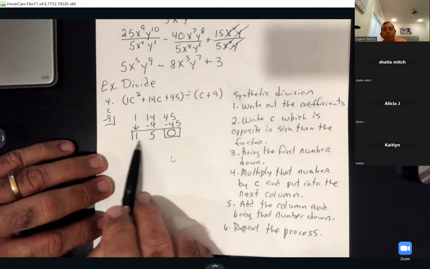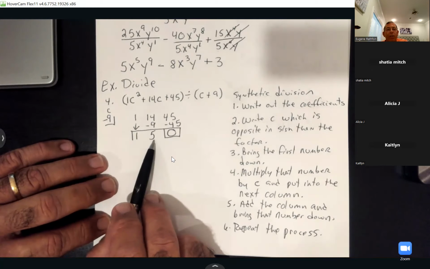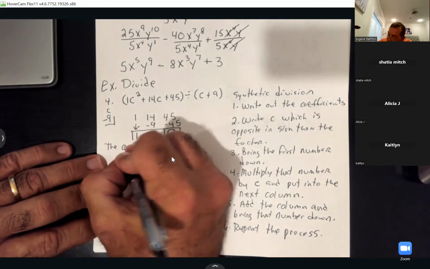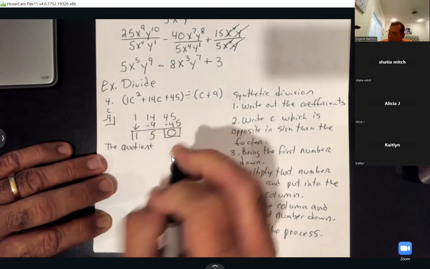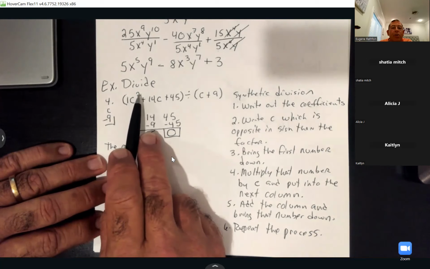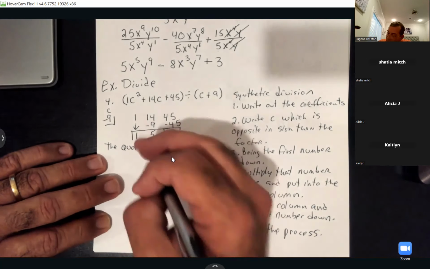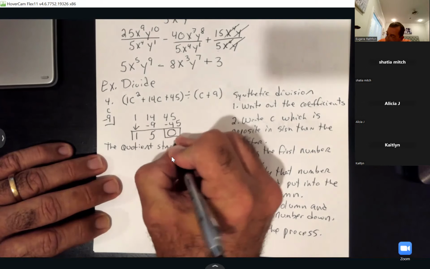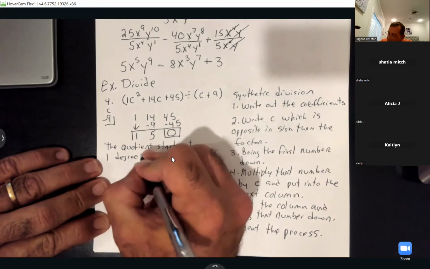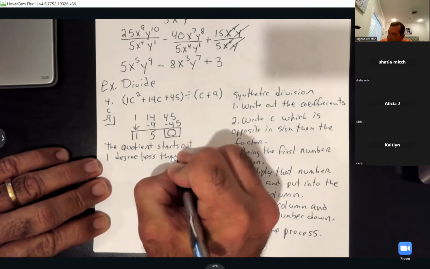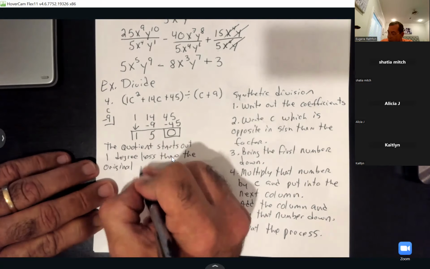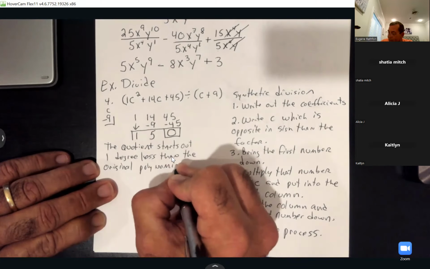So these two numbers are what we call the quotient. These are the coefficients of our quotient, and the quotient starts out 1 degree less than the original polynomial.